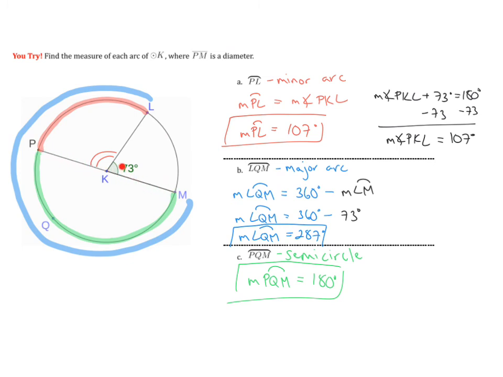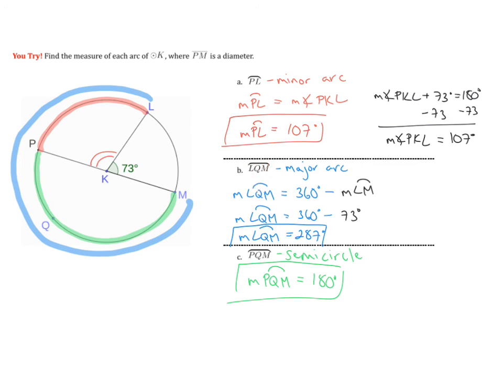So what that means is that angle LKM, which is 73 degrees, if I add it together with angle PKL, this should equal 180 degrees. So that's what I needed to do to solve for the measure of angle PKL. When we finish solving, we find that the measure of PKL is 107 degrees, which means that the measure of arc PL is 107 degrees as well.